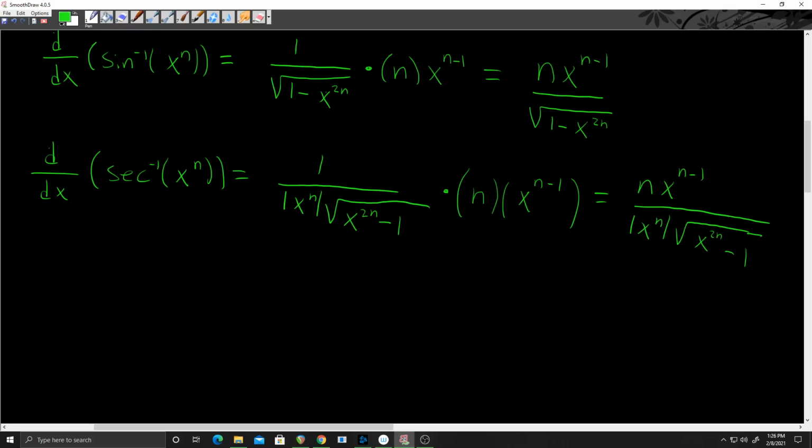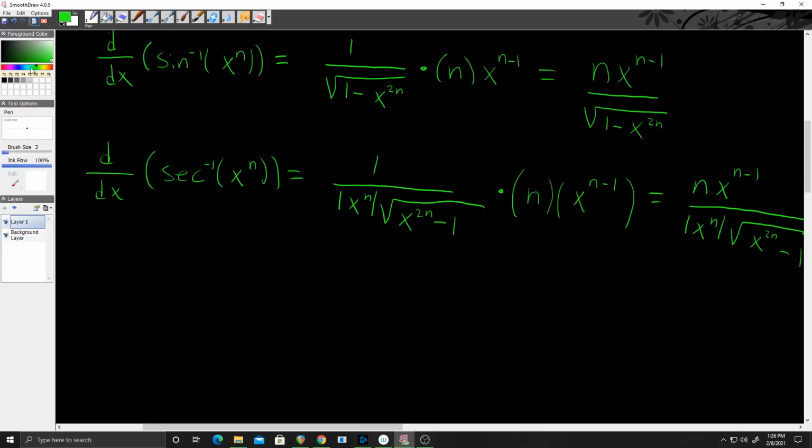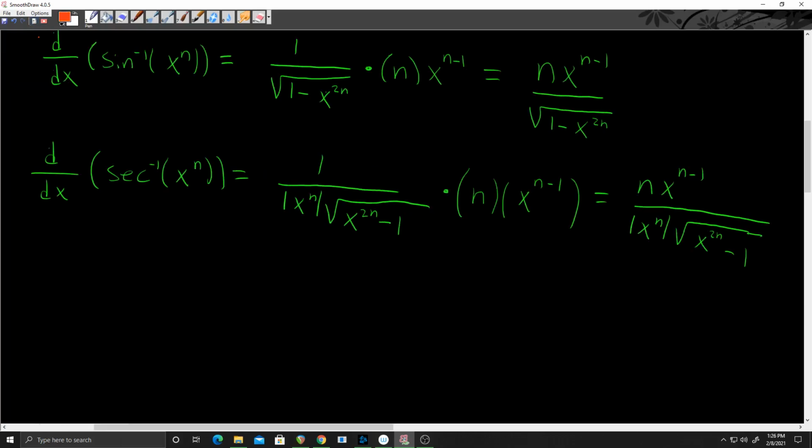So just bear with me here. If we do that, what we're going to wind up with is n x to the n minus 1 over x to the n square root of x to the 2n minus 1.